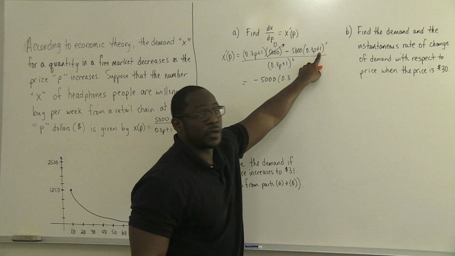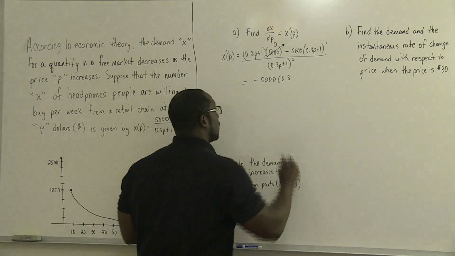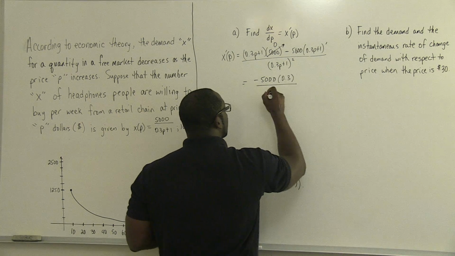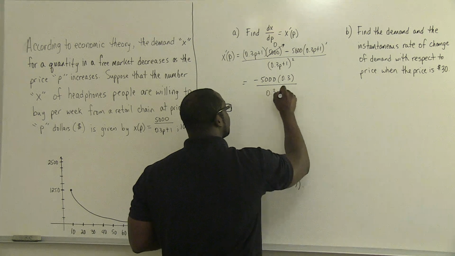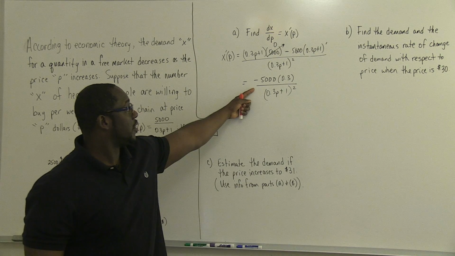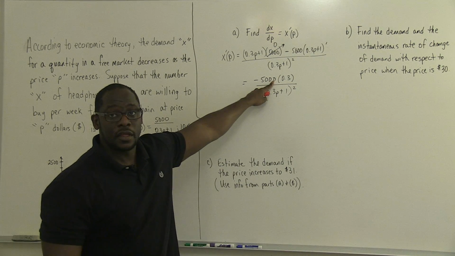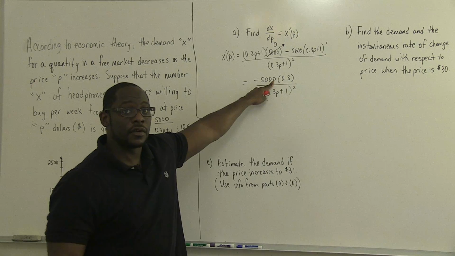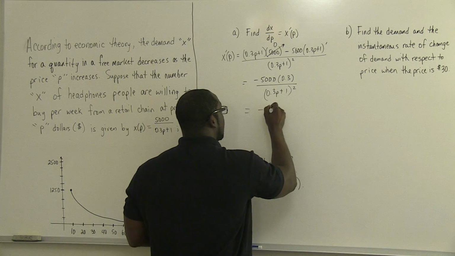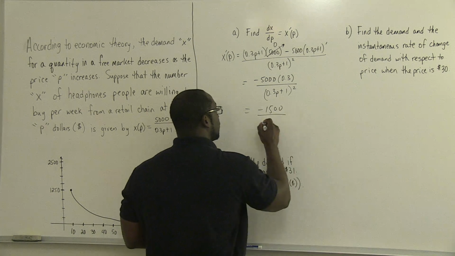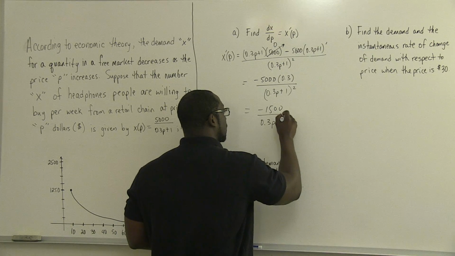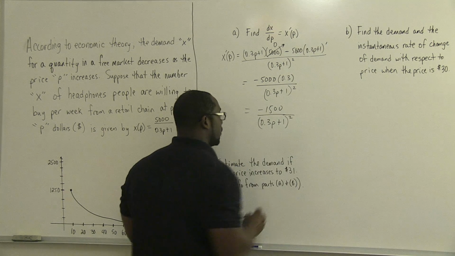The derivative of 1 is 0, so we'll just leave that off. If we take 0.3 times negative 5,000, we end up with negative 1,500 divided by (0.3p + 1) quantity squared.